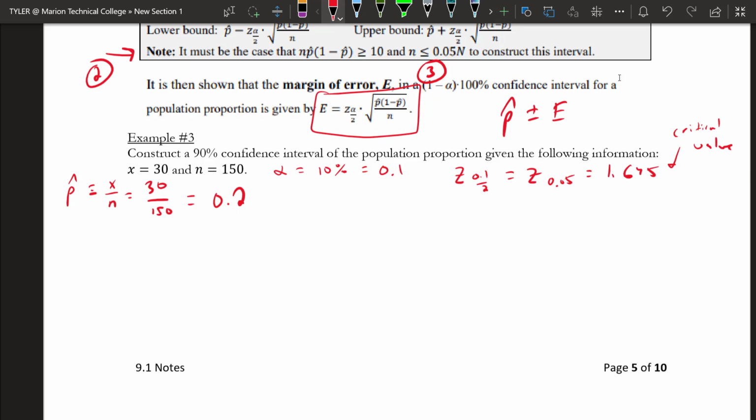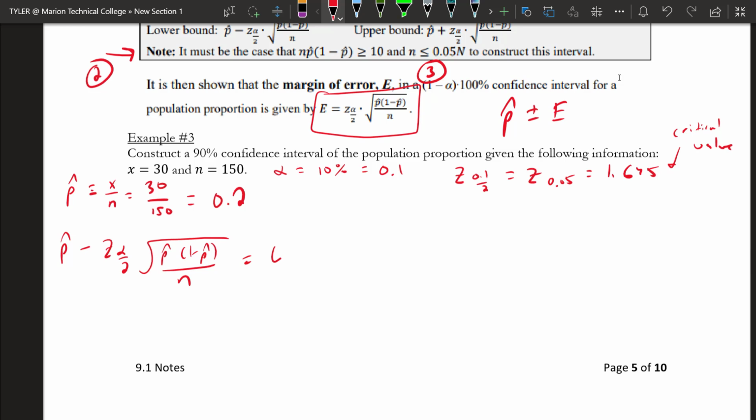So for my lower bound, I need to take p hat minus z sub alpha divided by 2 times the square root of p hat times 1 minus p hat divided by n. I have all these values, I just need to plug them in.